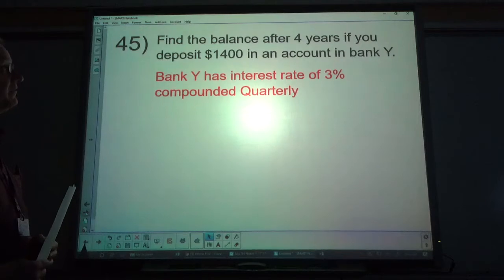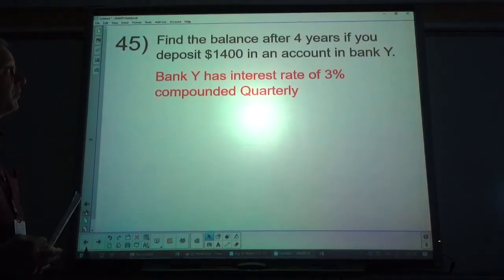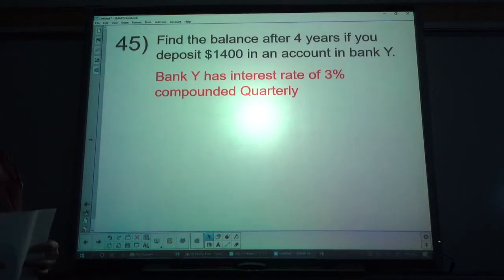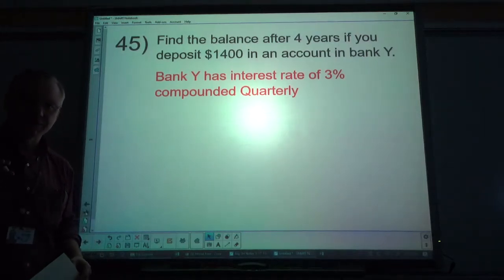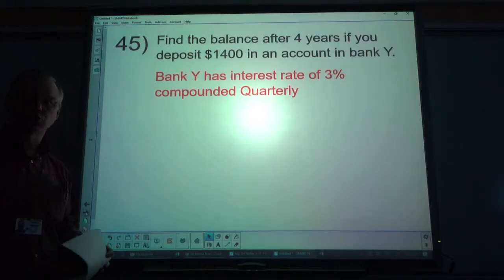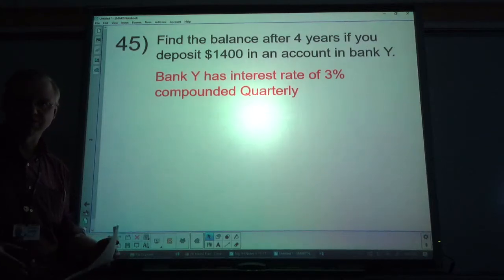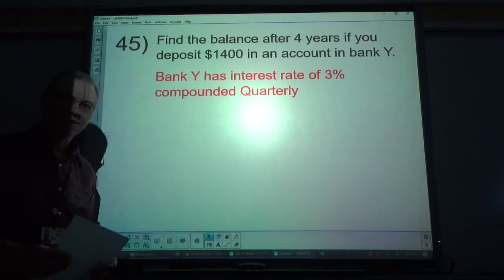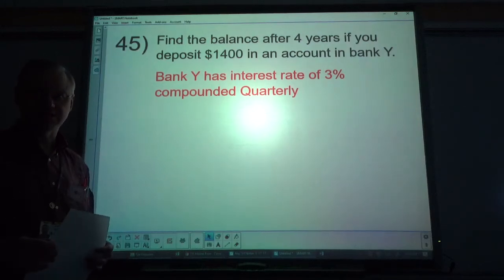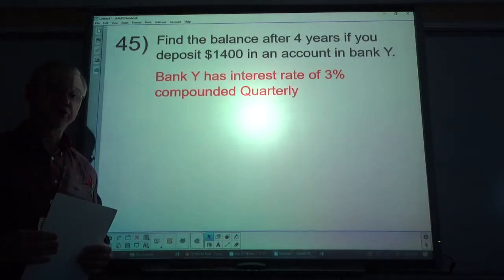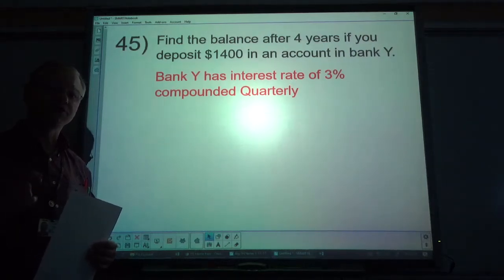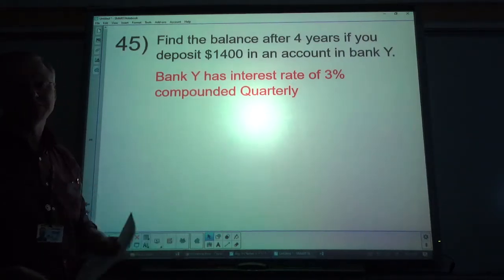Find the balance after 4 years if you deposit $1,400 in an account in Bank Y. Now, Bank Y in the table says it has an interest rate of 3% and it's compounded quarterly. Now, if something said monthly, I would say 12 times in a year because there are 12 months in a year. If it says weekly, there are 52 weeks in a year. Quarterly, every quarter, 1/4, so 4 times a year.